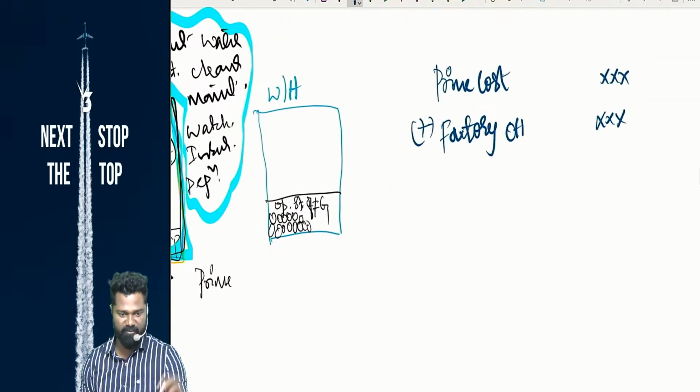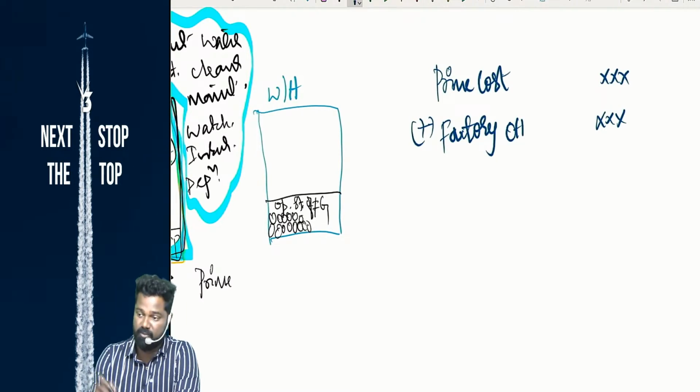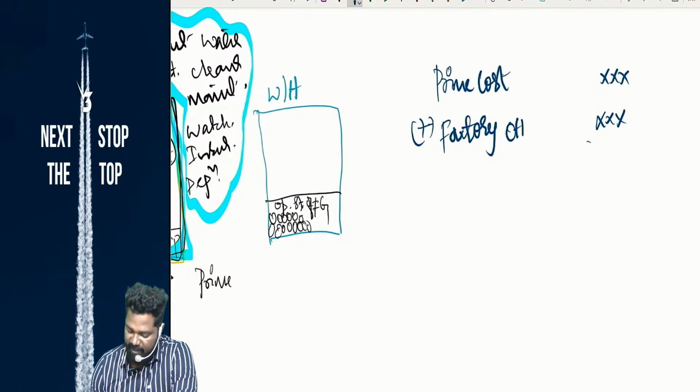Not only for you, it might be difficult for those students who are online also. So we have added factory overheads to the prime cost. What is this called? Gross factory cost.